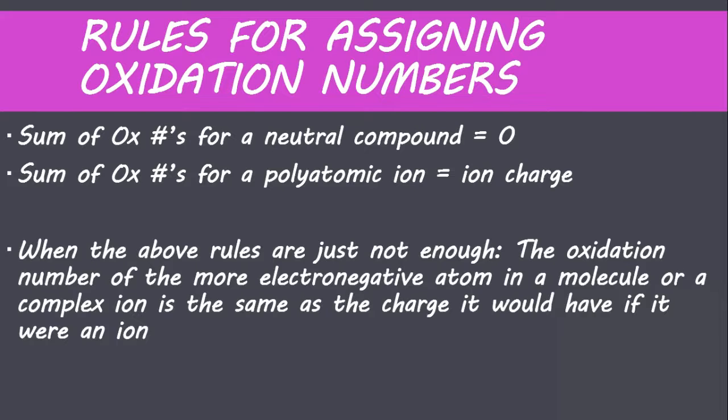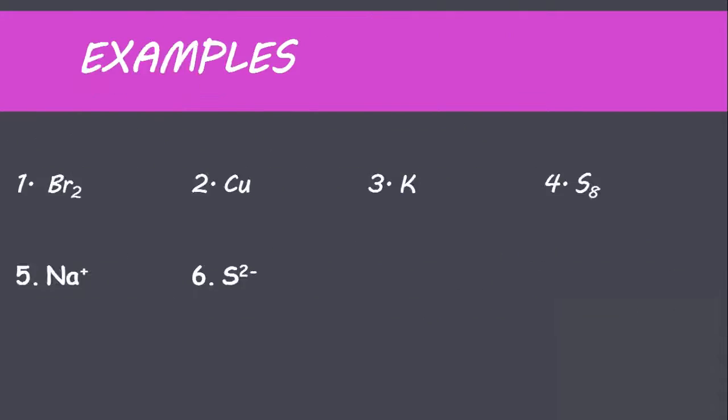Now, if those rules are just not enough, we need one more rule, and this is very rare: the oxidation number of the more electronegative atom in the molecule or a complex ion is the same as the charge it would have if it were an ion. So you would go back to the periodic table and figure out what charge it should be if it were just an ion in an ionic compound.